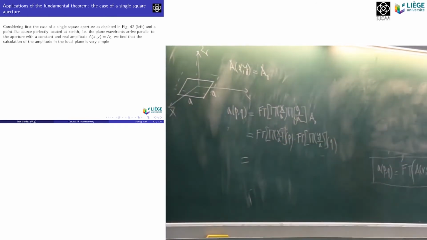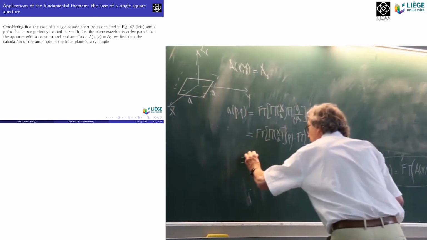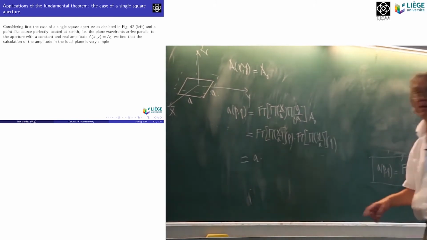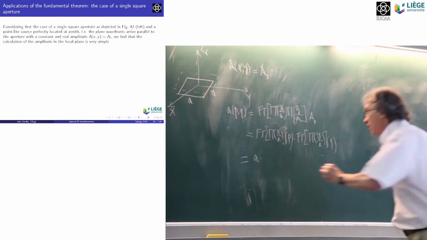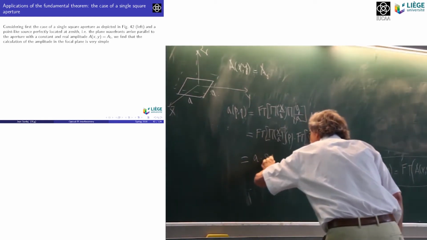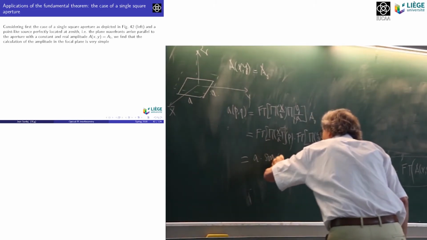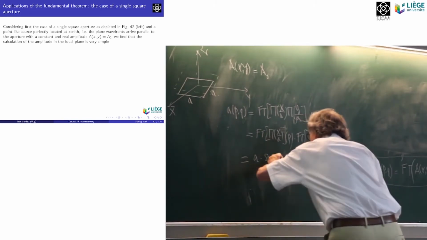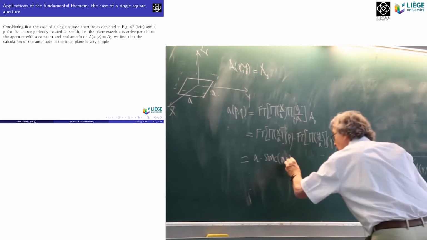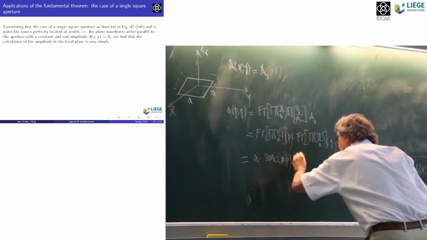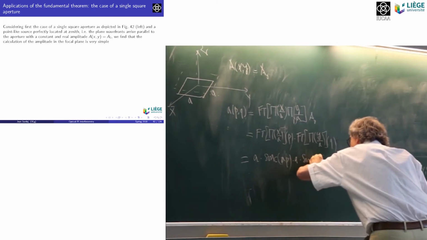This one, you remember, we applied the similarity property, and we found that it was equal to a multiplied by the Fourier transform of the rect function, but which depends on the variable a times p. So it will be the sinc, so the sine cardinal of pi a p, times a, the same, times the sine cardinal of a times q.